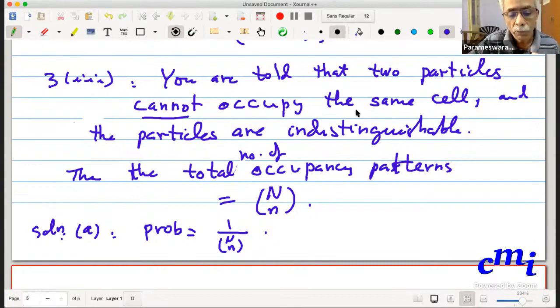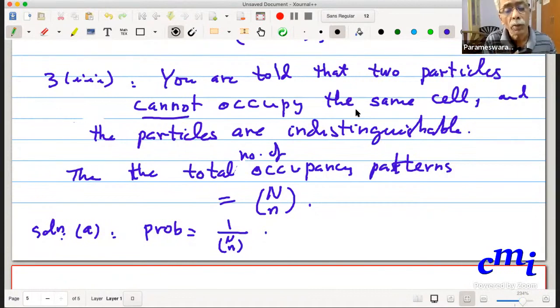As your knowledge improves, your ignorance decreases, and therefore you can find a better probability.